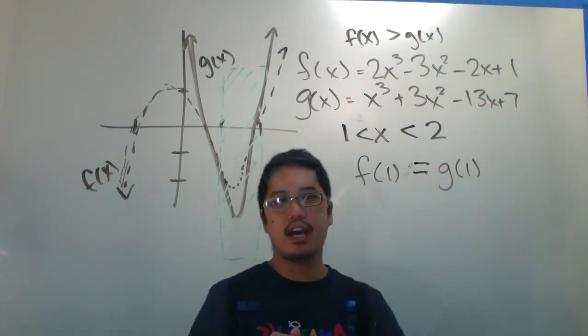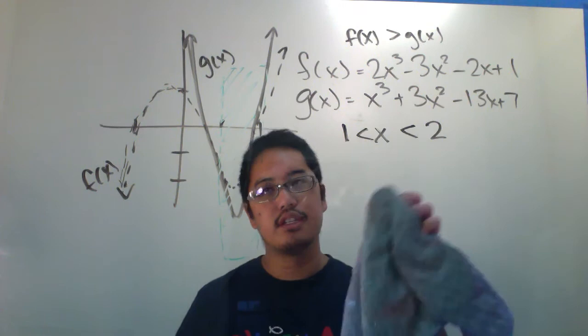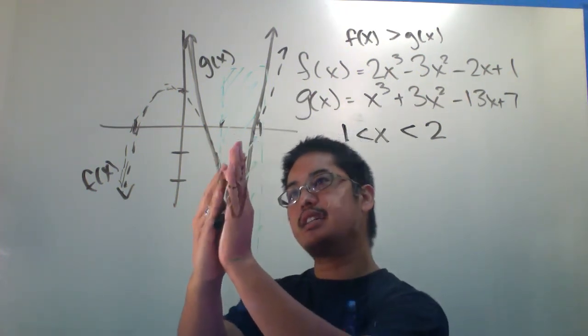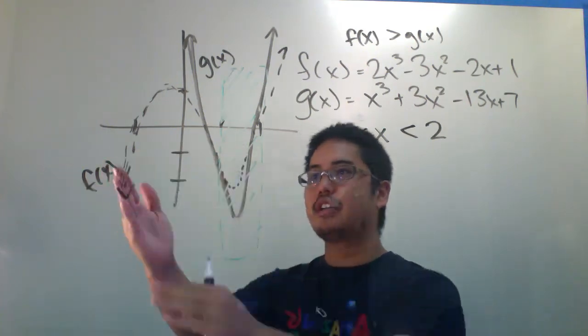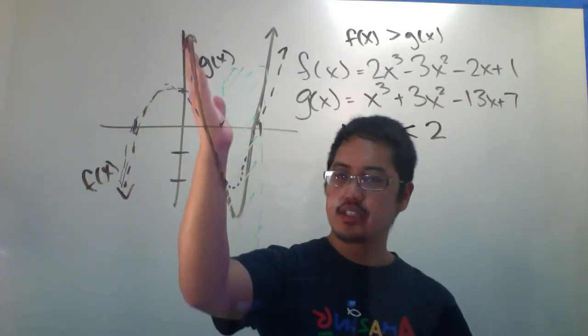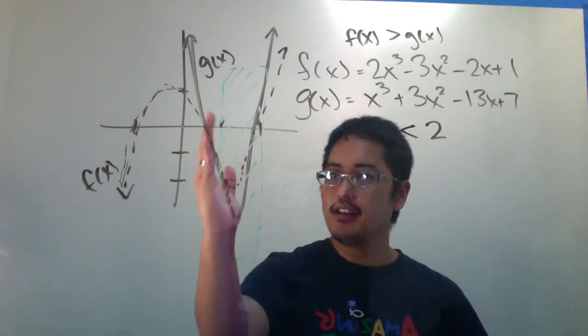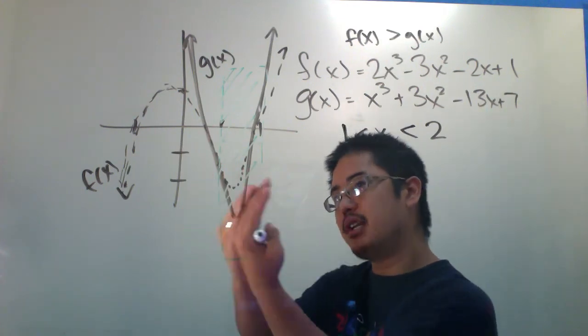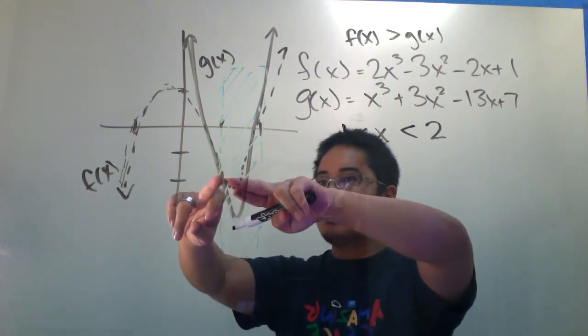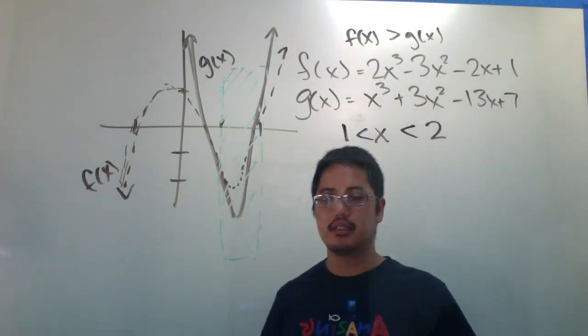Because it looks to me like anytime x is smaller than 1, then f of x is going to be smaller than g of x, right? And anytime x is bigger than 1, then f of x is going to be bigger than g of x.